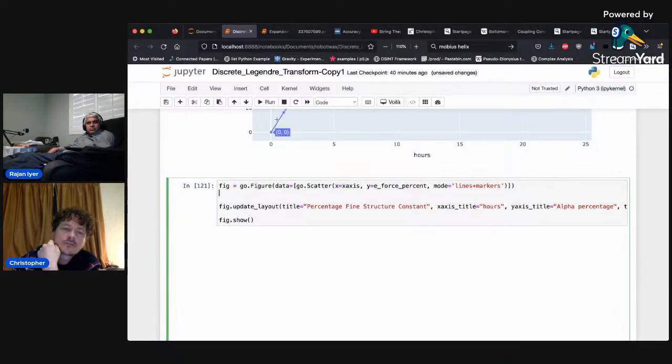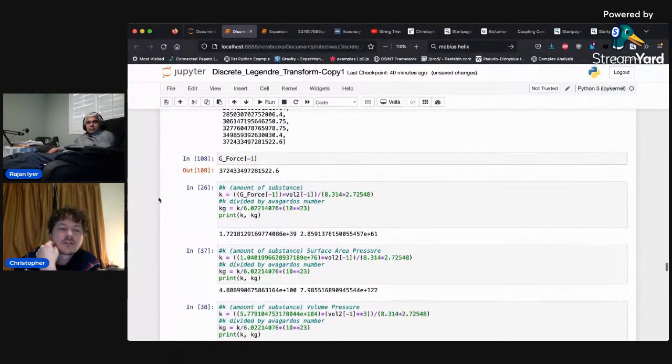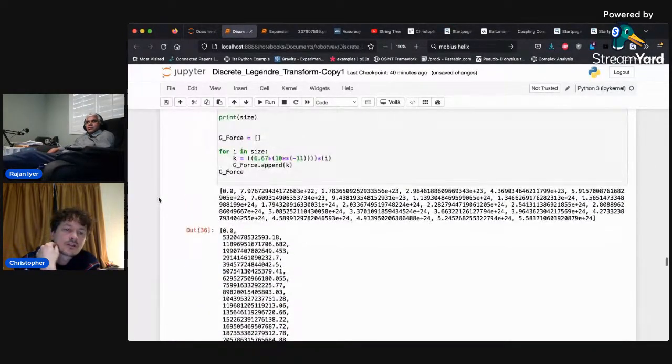Which may also be a percentage of force. Oh yeah, because the pressure could be a force. So for universal gravity, the universal force of gravitation, what was the answer? It was this.